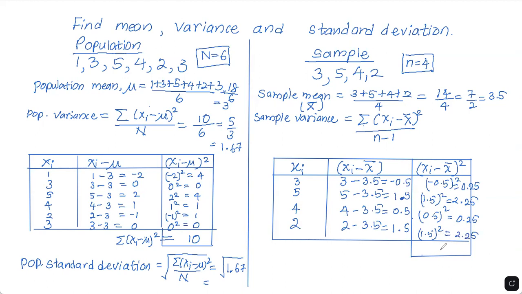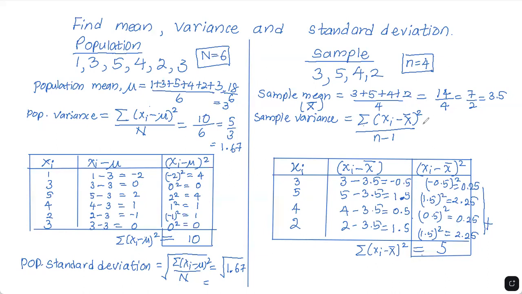So now you have all the numbers and you have to add them, because it is the summation of xi minus x bar squared. So 0.25 plus 2.25 plus 0.25 plus 2.25 is 5. The summation is 5.